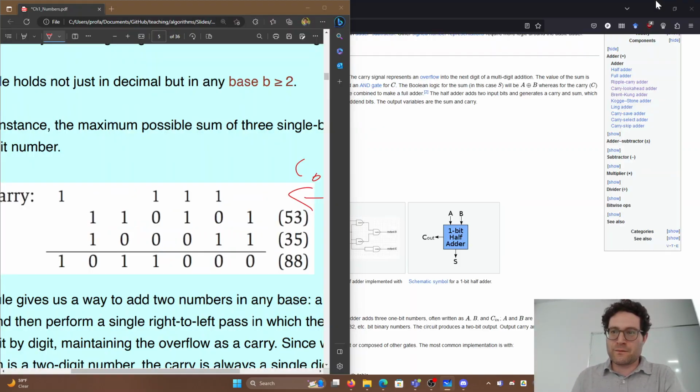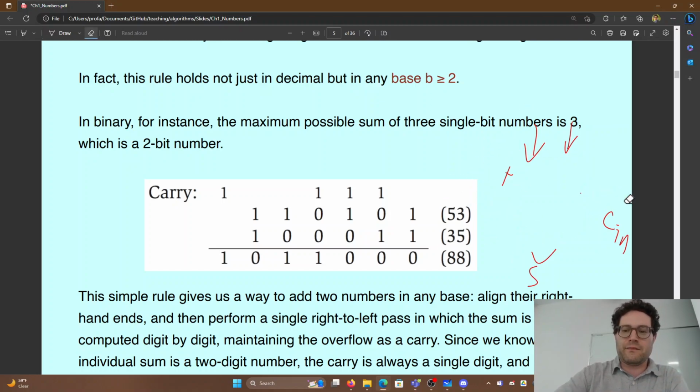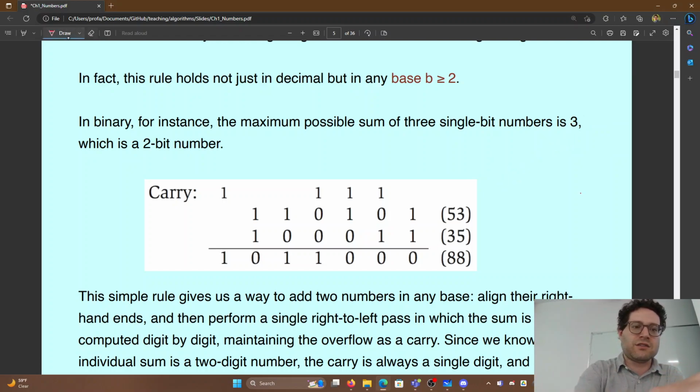Okay, so how long does this take a computer to do? Well, you'd think there'd be some funky stuff to optimize this, and you're right, there is, but in theory, it takes linear time. It takes O of n time to add things. But here's the important question: what is n in this case?